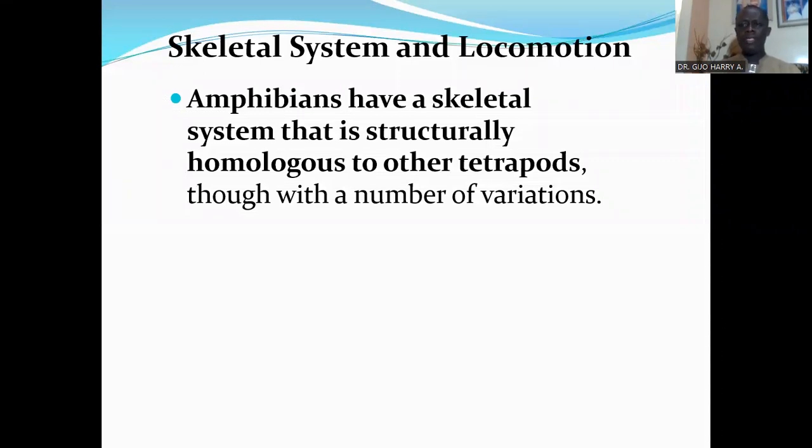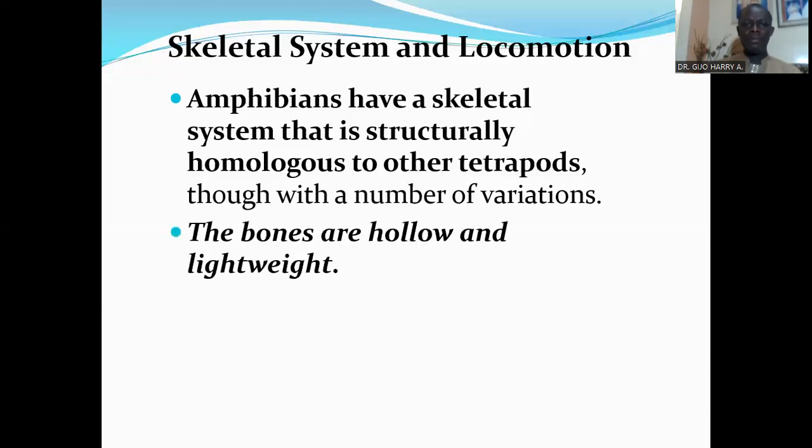The other tetrapods are the reptiles, the birds, and the mammals. So the various structures in the skeletal system look like those of these other tetrapods, but it has a few variations.